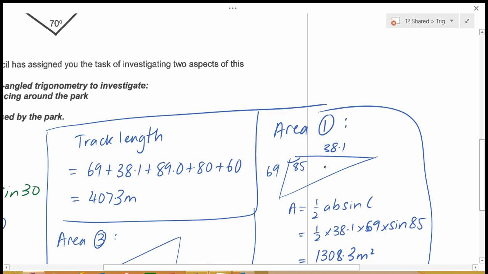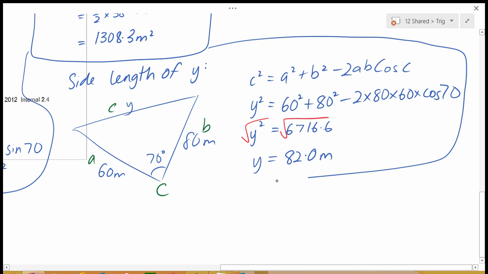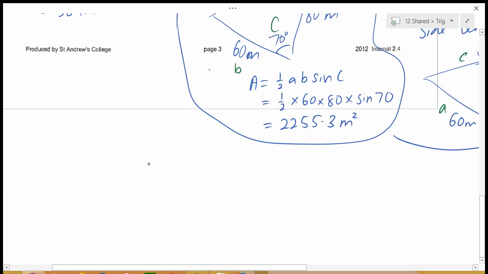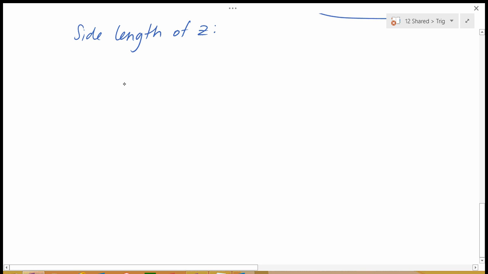Okay, so we'll do that calculation now. So I'll seal all that off. There we go. And now we'll go side length of Z. Alright, so I'll draw that top triangle out. So we've got 38.1, and we had 69 there. That was 85, and we're looking for that side.